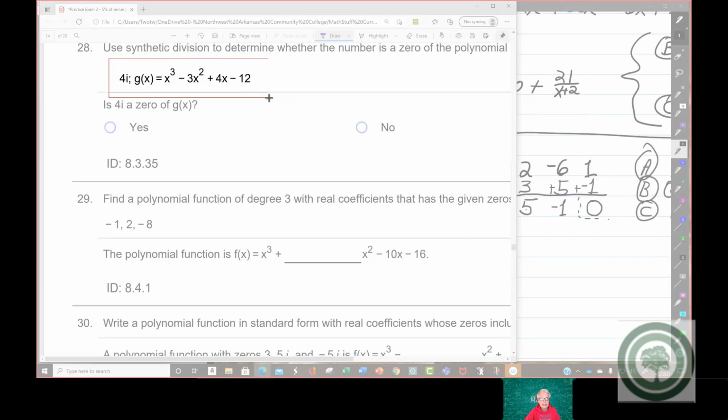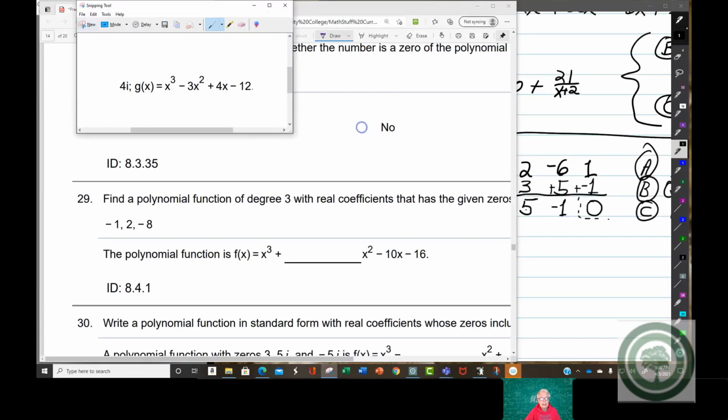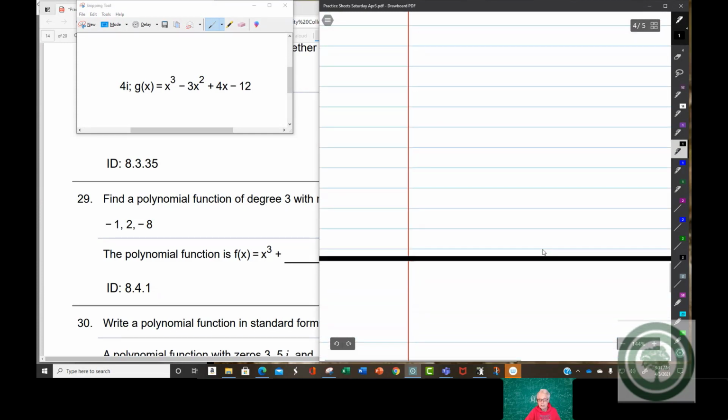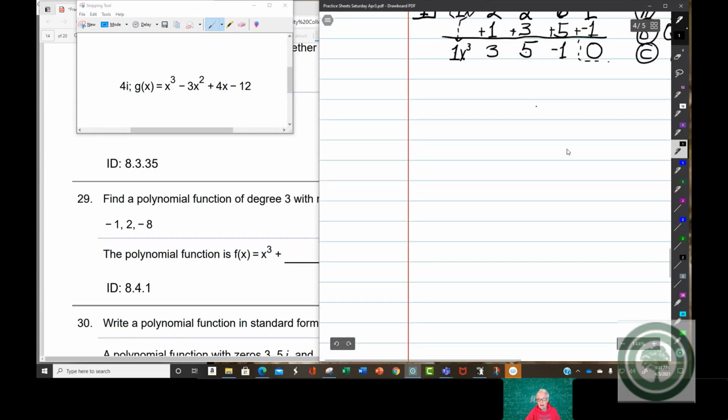We're going to see if 4i is a 0 of this polynomial. Really? Yeah. Okay, I'm going to write it right here.